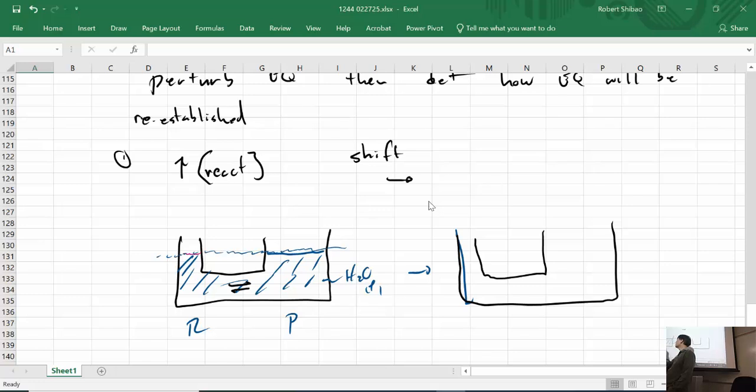But when I look at this, which side is favored? Is the product side favored or the reactant side favored? Product side's favored because it's bigger. I have more product than reactant. And so when we see this, if K is greater than 1, then what's favored?